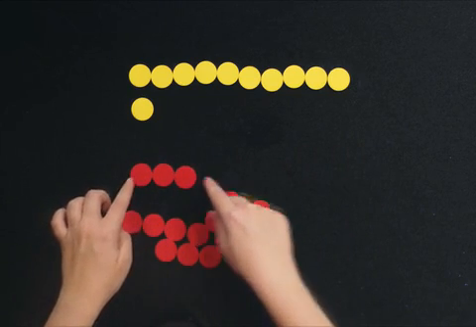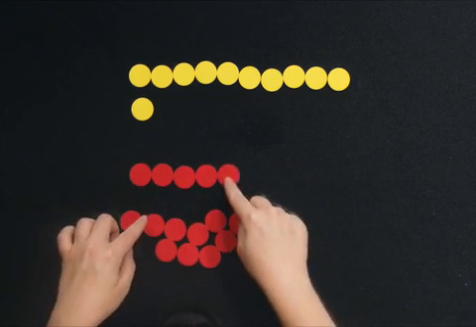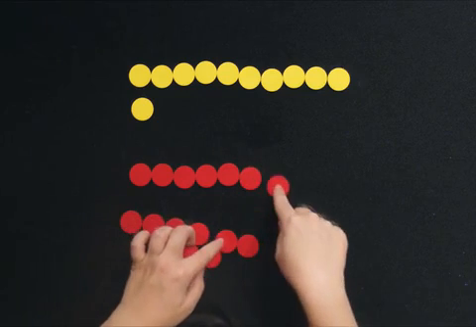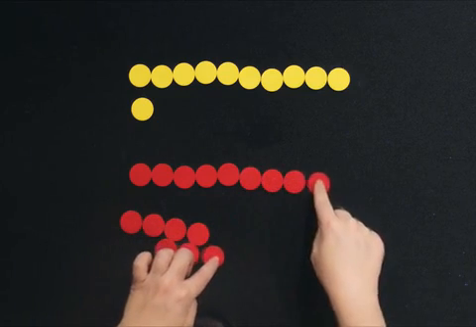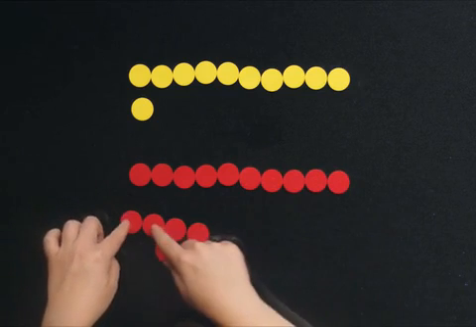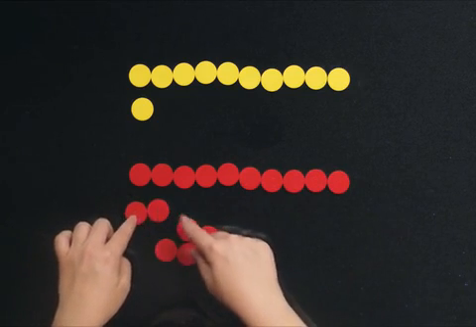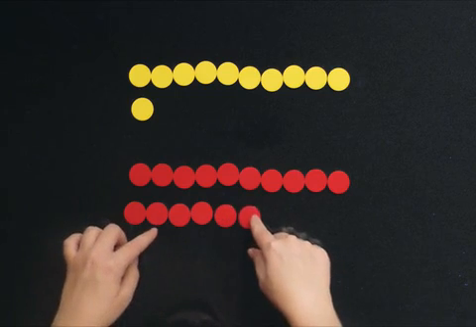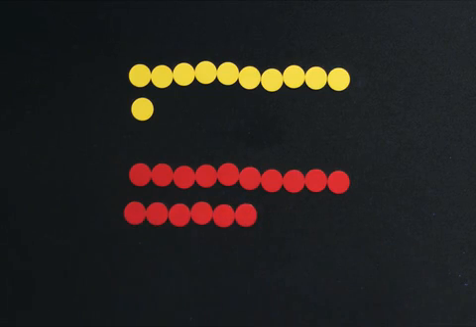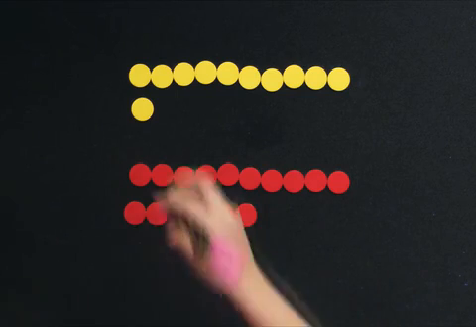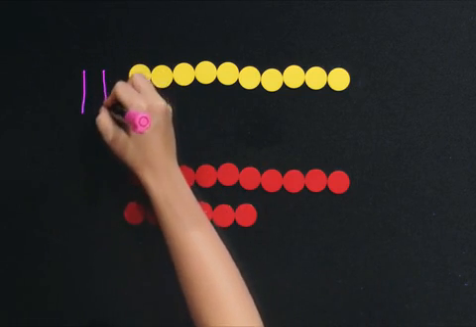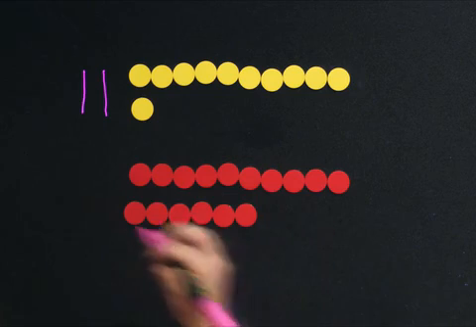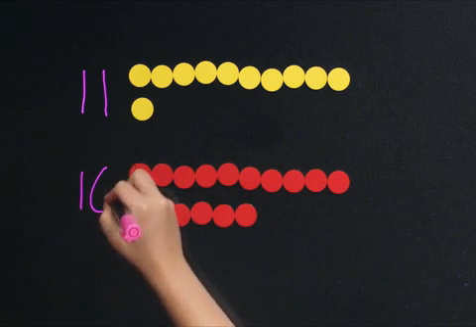I have 1, 2, 3, 4, 5, 6, 7, 8, 9, and 10. And then in my second row, I have 11, 12, 13, 14, 15, and 16. So in my top group with the yellow, I have 11. And in my bottom group with red, I have 16.